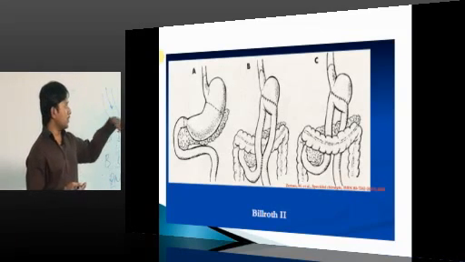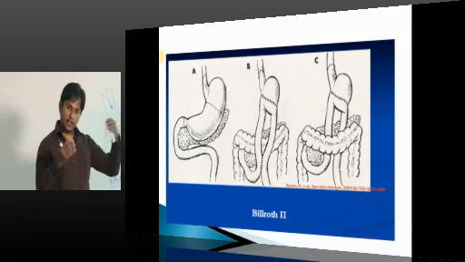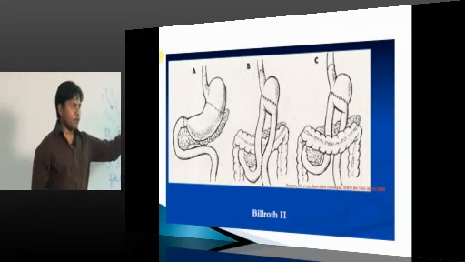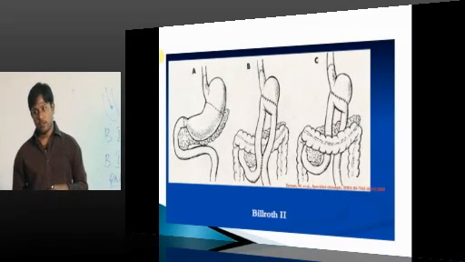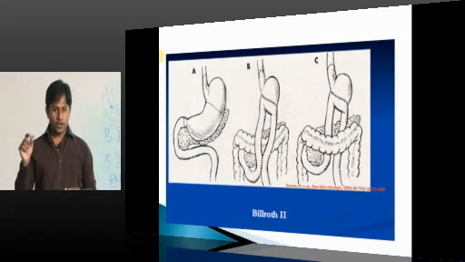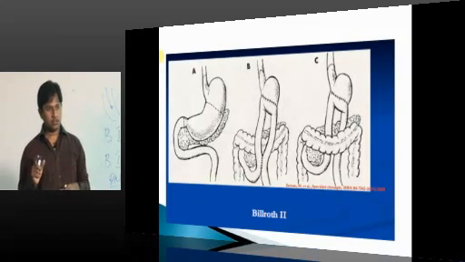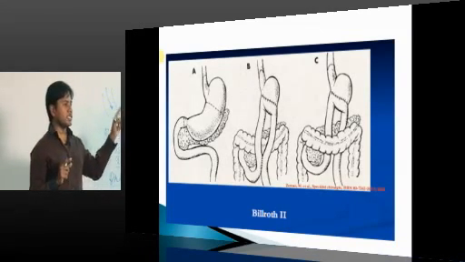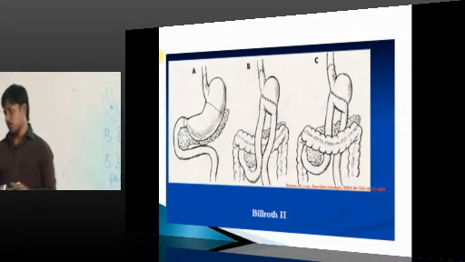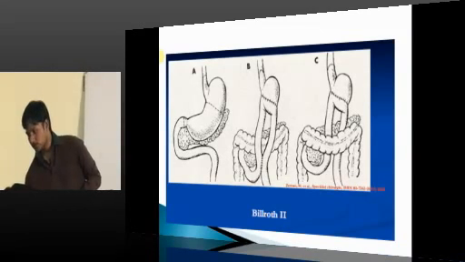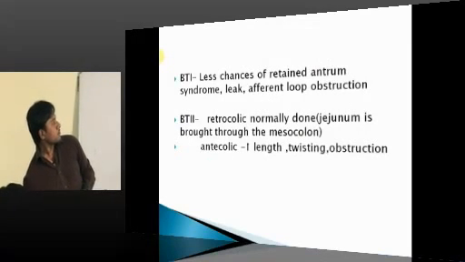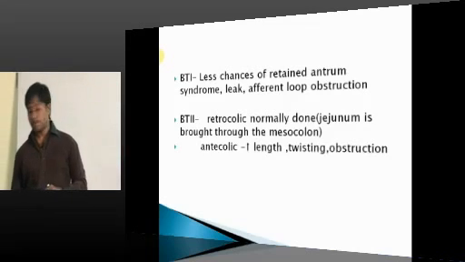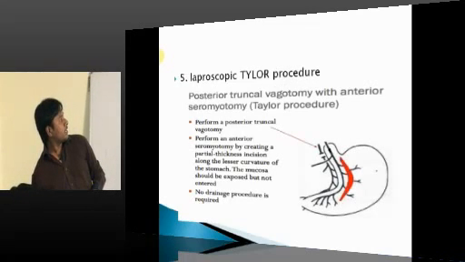Whenever you do a retrocolic anastomosis, again it will be infiltrated with the carcinoma. So that is the reason why you do an anticolic anastomosis in a case of carcinoma. But for all other reasons, retrocolic anastomosis is the best. Anticolic anastomosis is only done when there is a suspicion of carcinoma. Okay, that is the thing regarding type 1 and type 2.